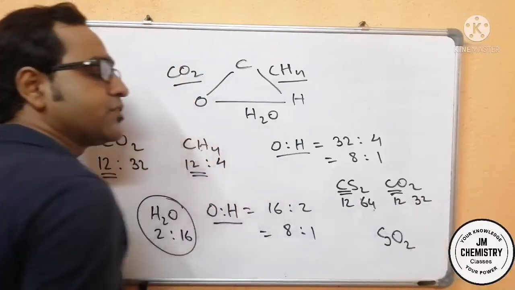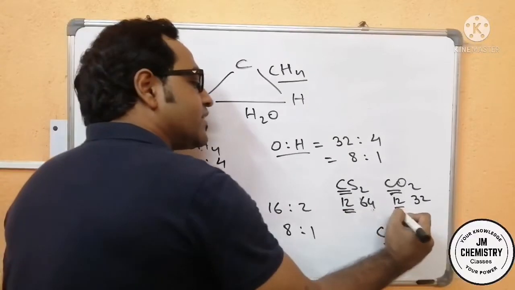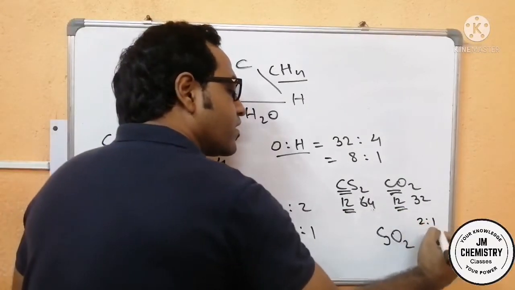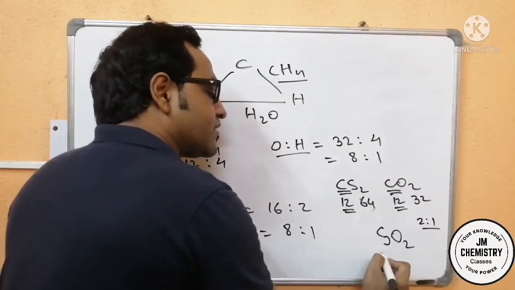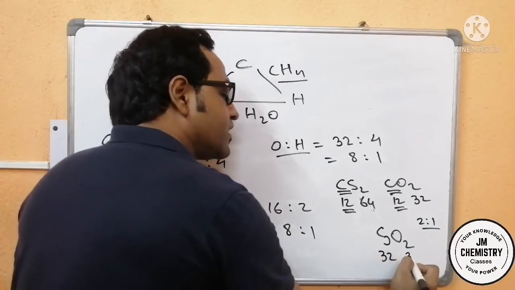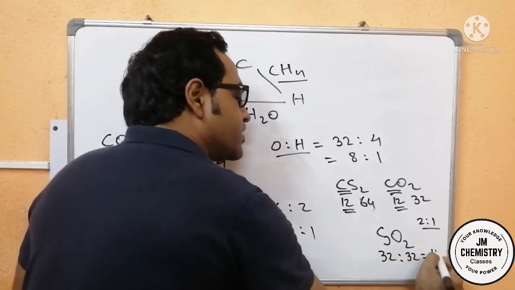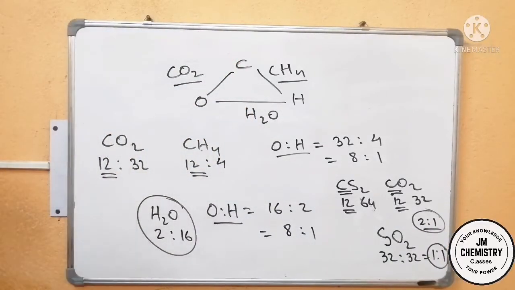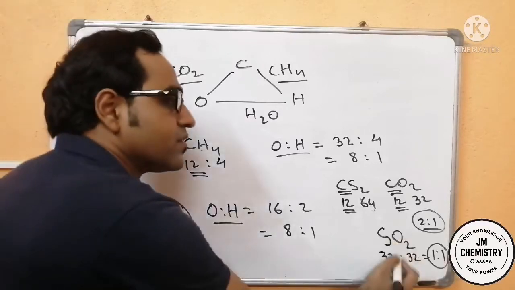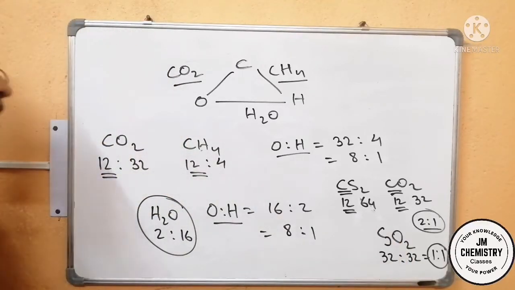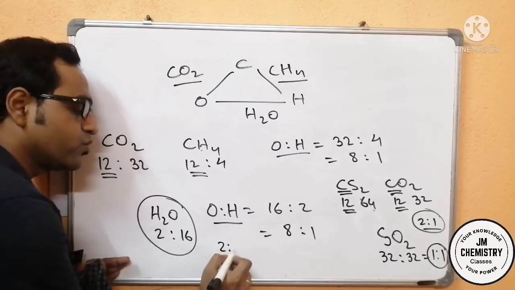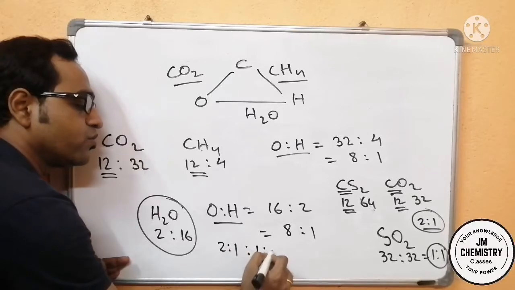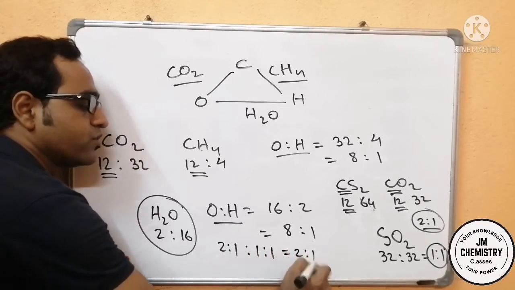So the ratio 64:32 is again 2:1. Here sulfur is 32, oxygen is 32, so it is 1:1. So these two ratios are not the same, they are a simple whole number multiple of this SO2 ratio. So if you take the ratio 2:1 to 1:1, you will get 2:1 finally.